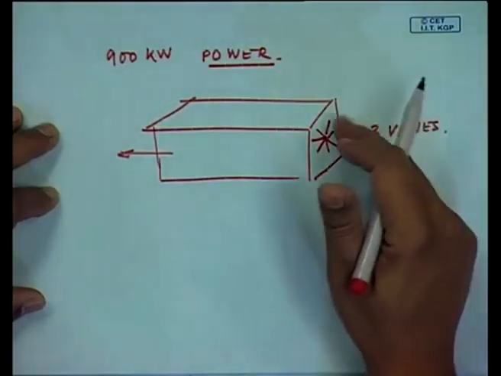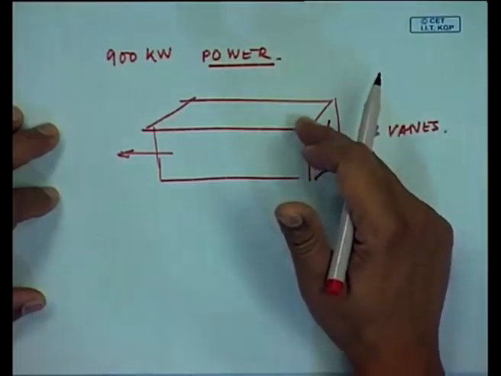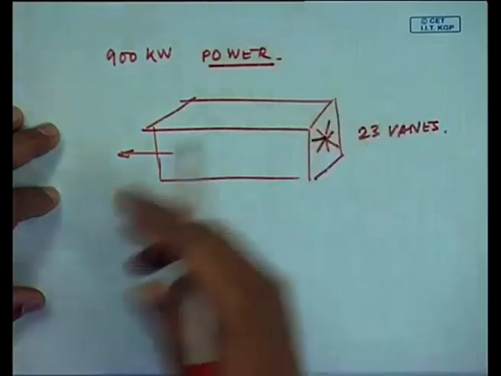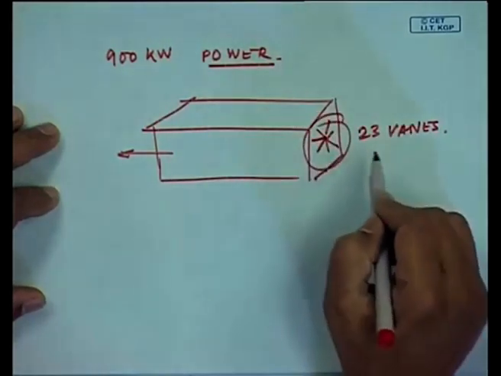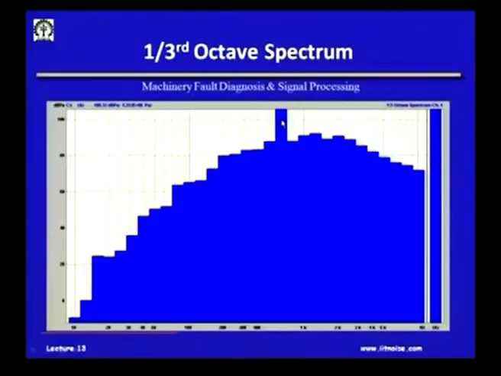So, this air gets sucked into the motor, and this motor is getting cooled, and this vane creates, because it is a fan rotating at very high speed, this is what is responsible for the motor noise, and this frequency has shown up here.